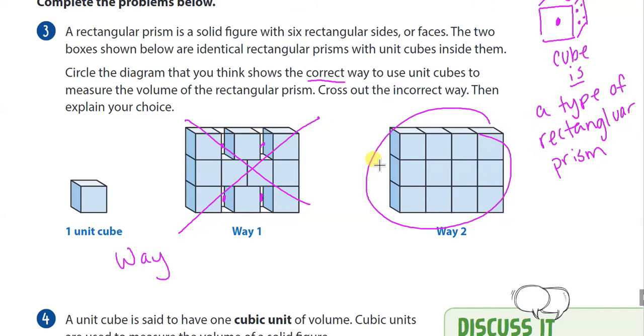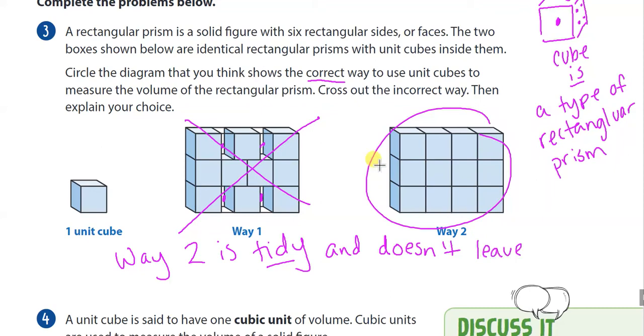Way 2 is tidy. You're going to be hearing that word a lot this year. Tidy. Math is a lot easier when it's tidy. So way 2 is tidy and doesn't leave gaps. If you leave gaps, you're not measuring the gaps, right? There you go. Don't forget the period at the end of your sentence. It must be proper.